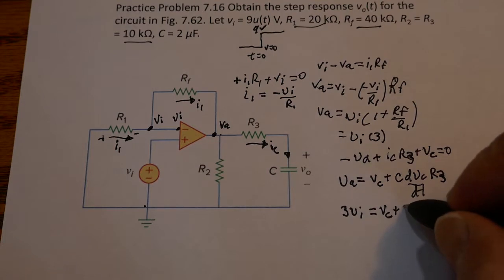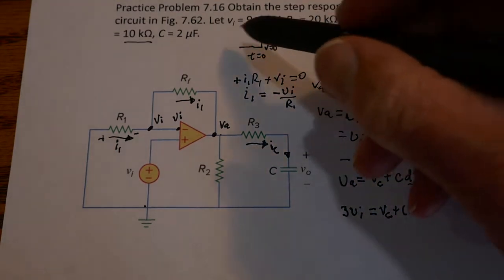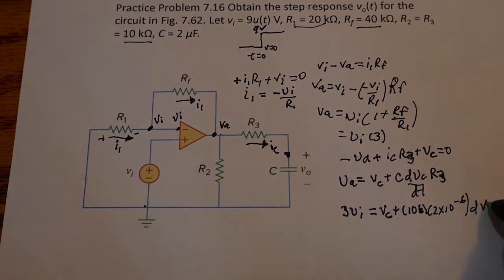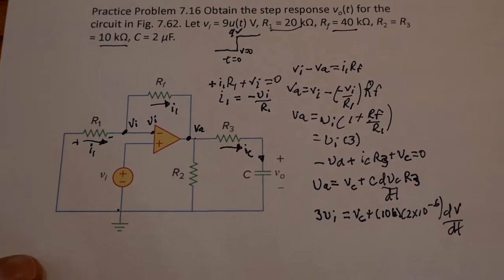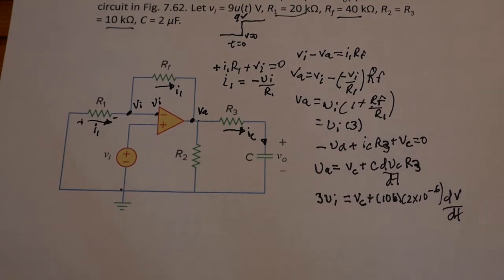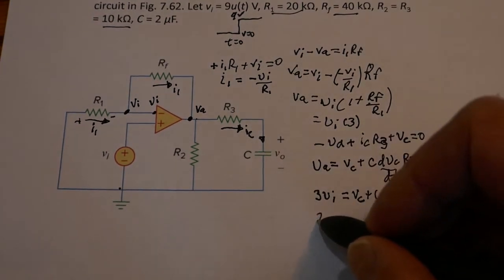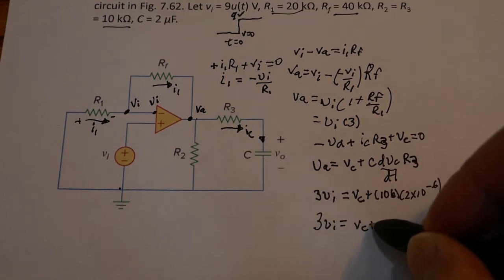So it's 10K times, and the capacitance is 2 microfarads. That's 2 times 10 to the minus 6 dV/dt. Let me slide this over just a tiny bit and up just a tiny bit. So 3VI is equal to VC.